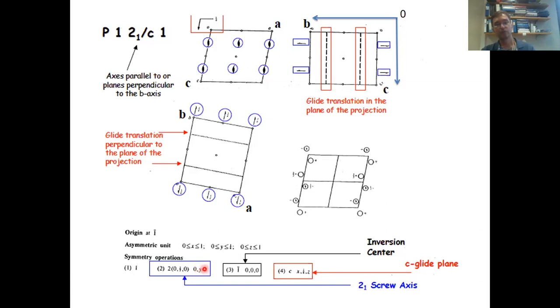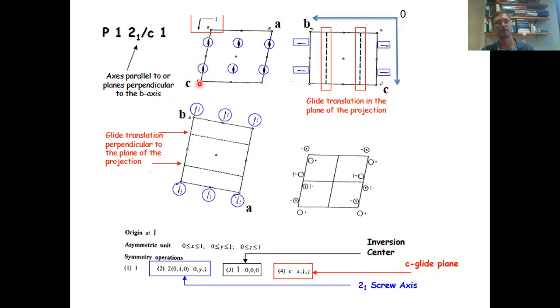And then this quarter means that basically the 2-1 screw axis is moved by 1/4 of the lattice parameter C. Okay, it is moved by 0 fractional coordinate in the A direction. So this corresponds with this picture here.